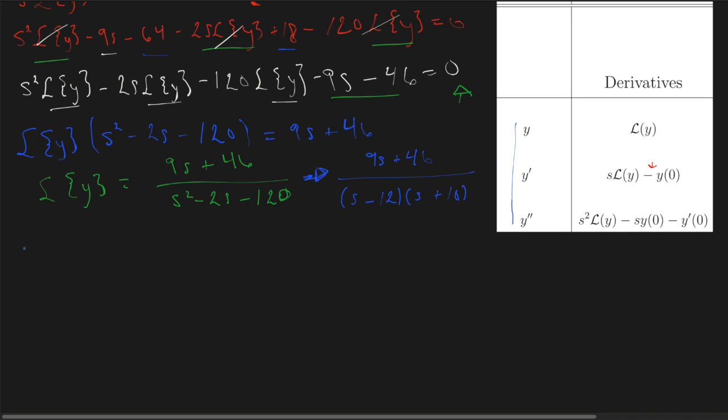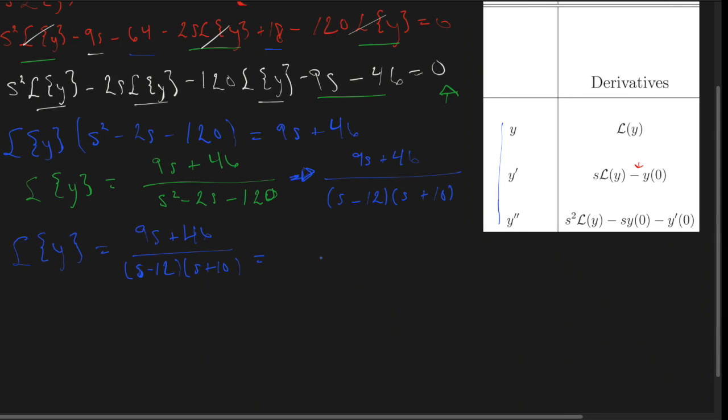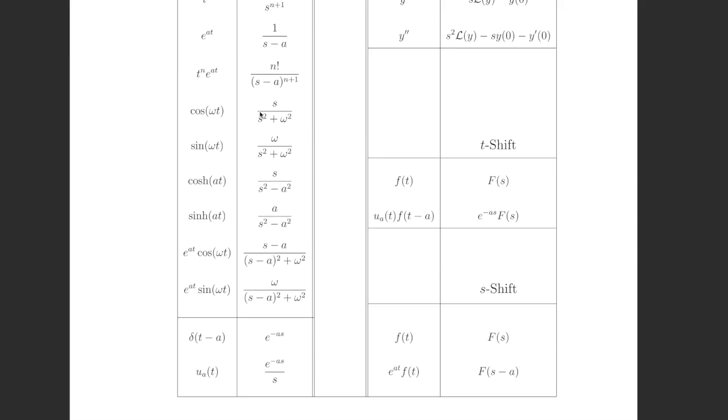So we're going to get now that our Laplace transform of y is equal to 9s plus 46 over s minus 12, s plus 10. And we're going to see here that this is also nothing on the Laplace transforms table.